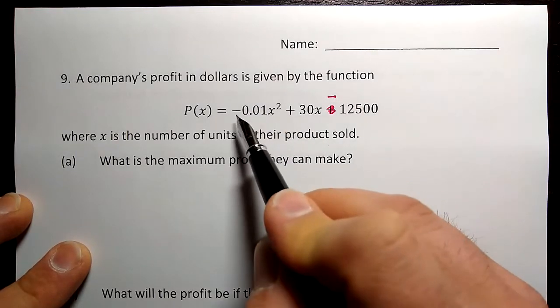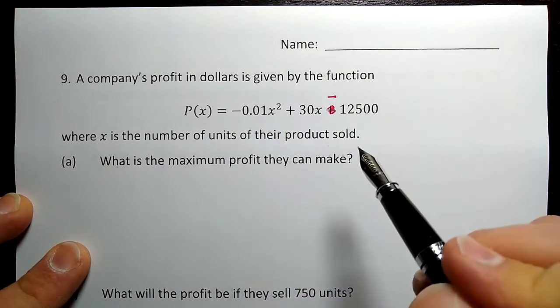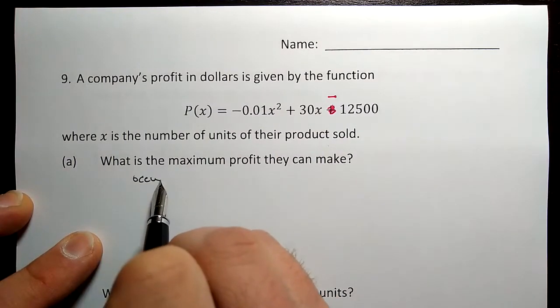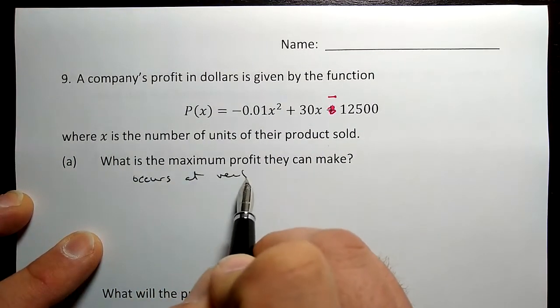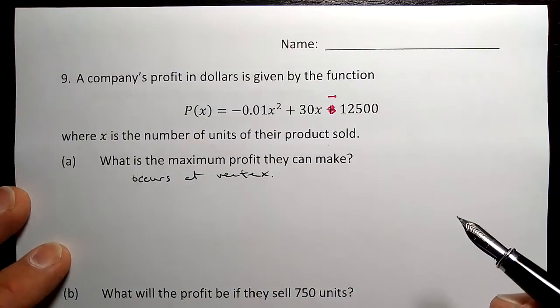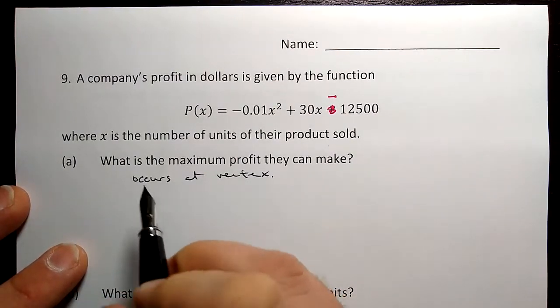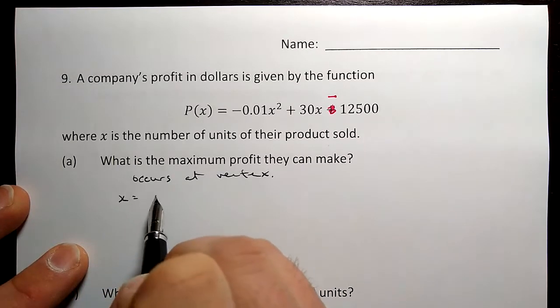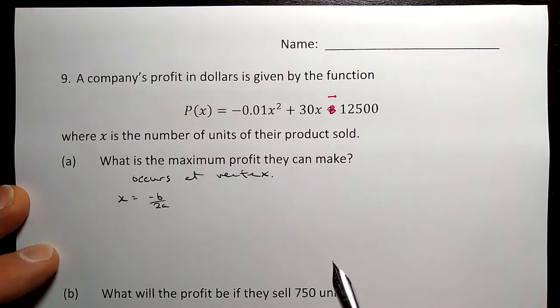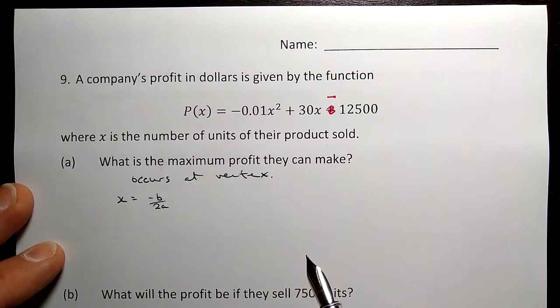We have a parabola here opening downwards, and we want to find the maximum profit. The maximum profit occurs at the vertex, generally speaking. You have to graph it to see, I suppose, but we can figure it out here. The vertex occurs when x is negative b over 2a. That's the axis of symmetry, or you can get that from the quadratic formula.